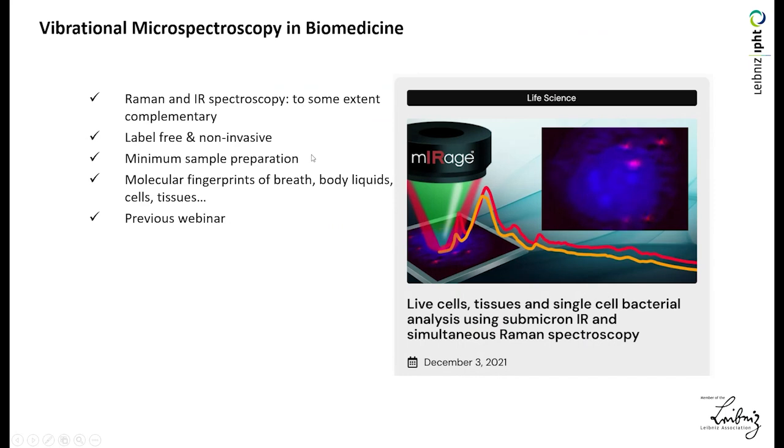They require minimal sample preparation, and you can get molecular fingerprints of biomedical samples such as breath, body liquid, cells, and tissue. This was presented some time ago in a photothermal webinar, which is still available, like other interesting webinars on life science topics and other topics.